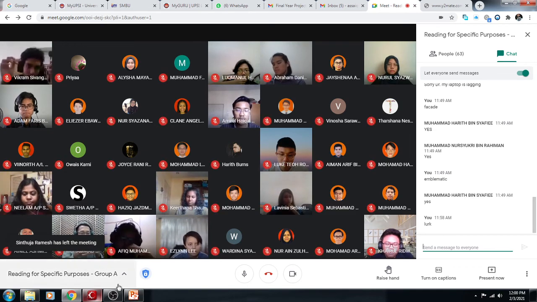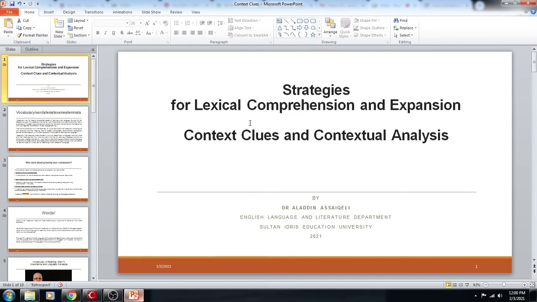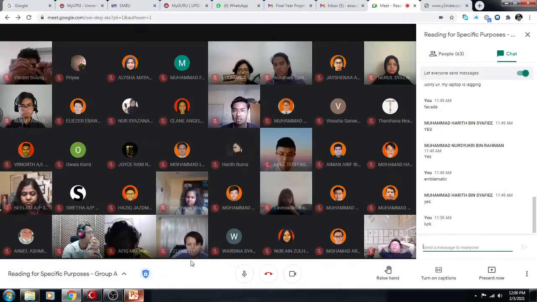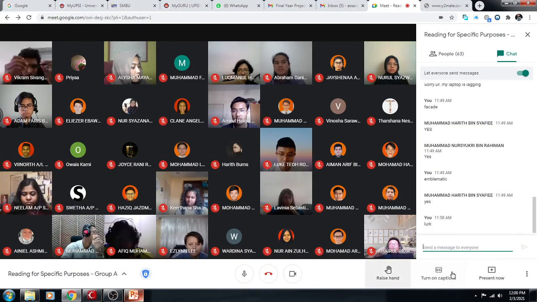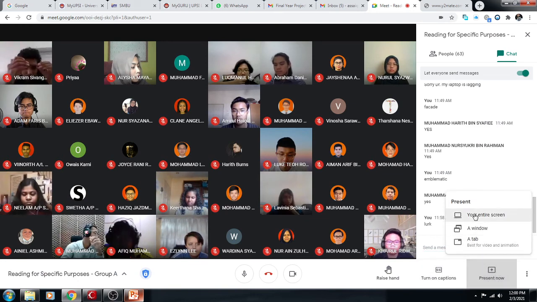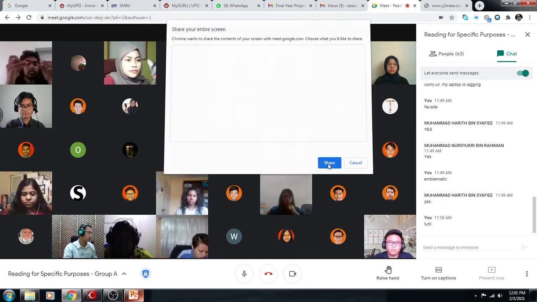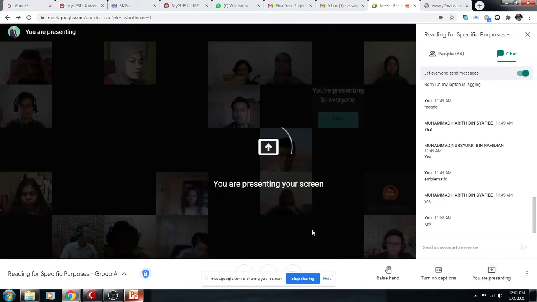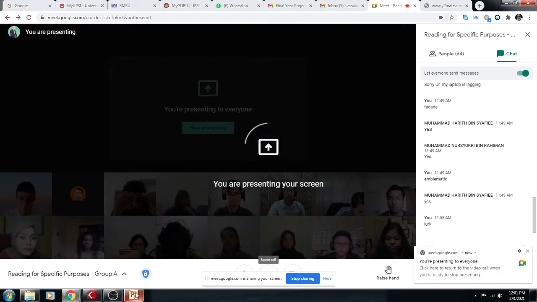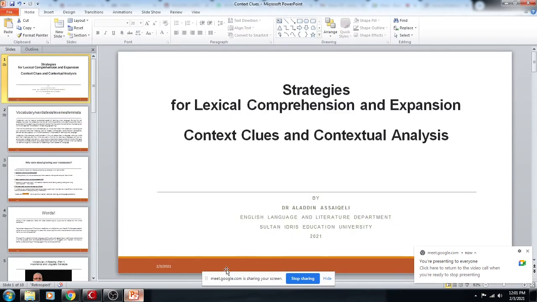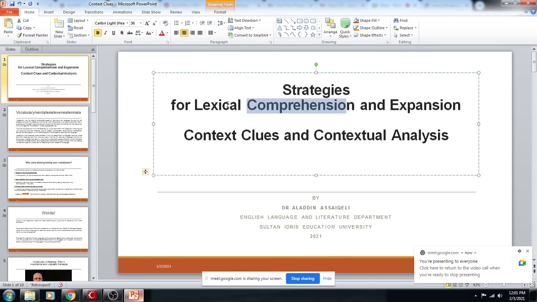So today we've looked at strategies for lexical comprehension, understanding words, and expansion, how to expand your vocabulary.